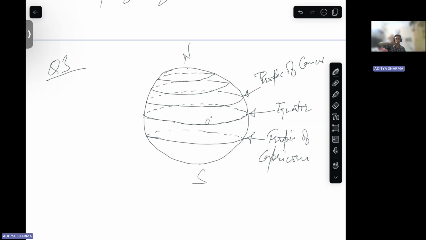Because of this tilt and the Earth revolving around the sun in the solar system, there are times when the sun is at the Tropic of Cancer and times when it is at the Tropic of Capricorn.